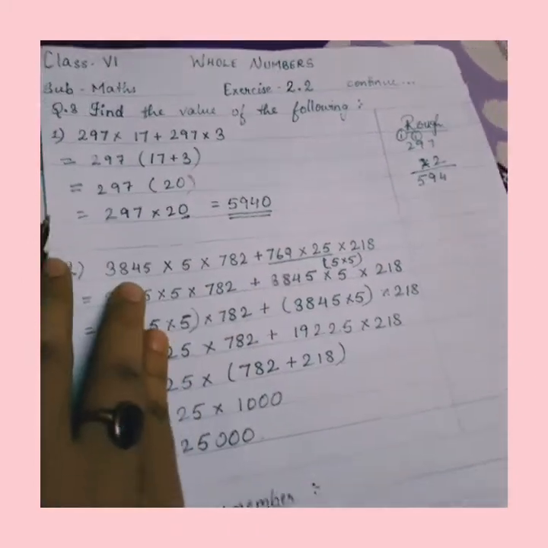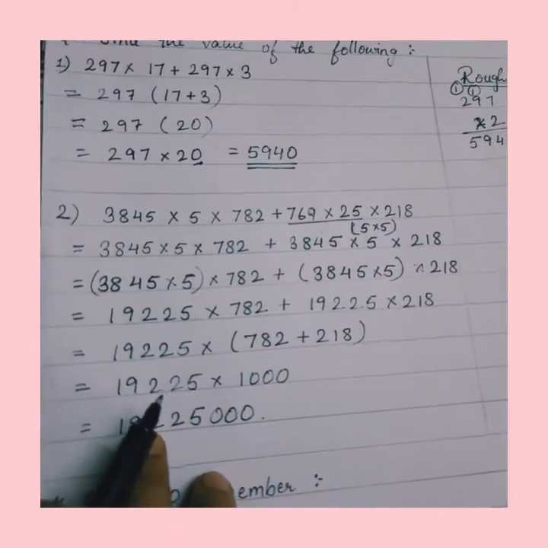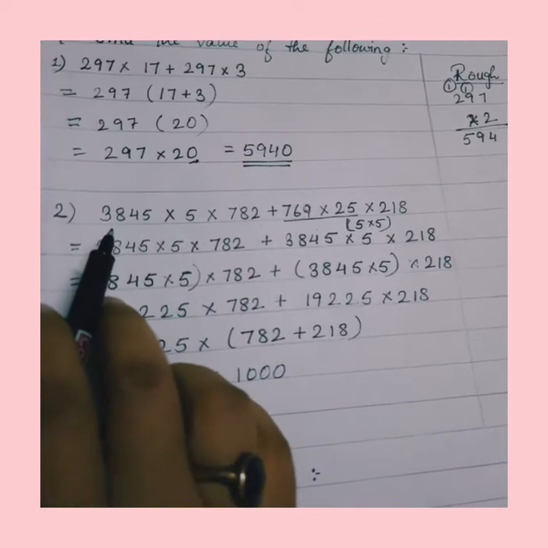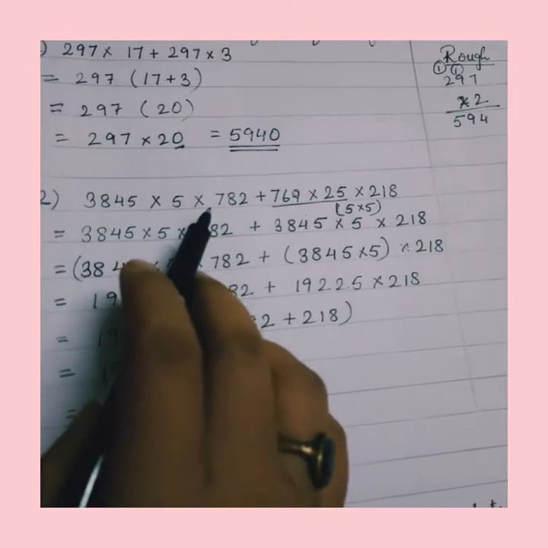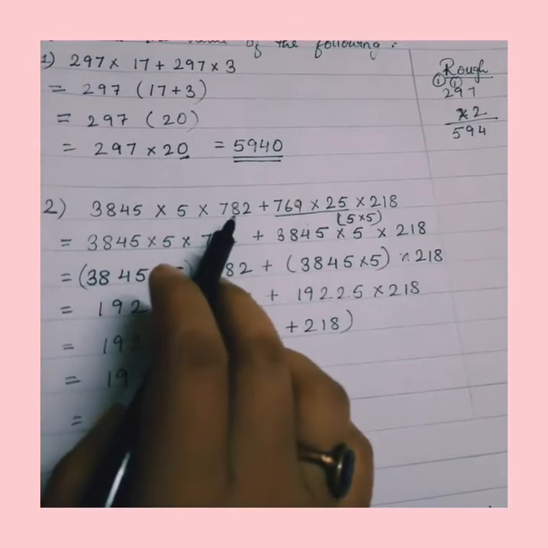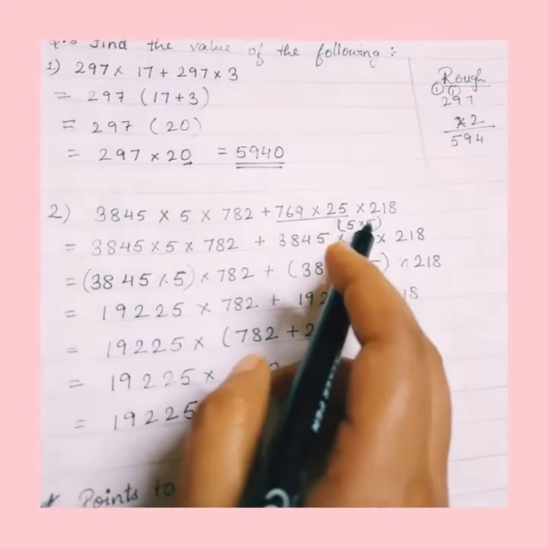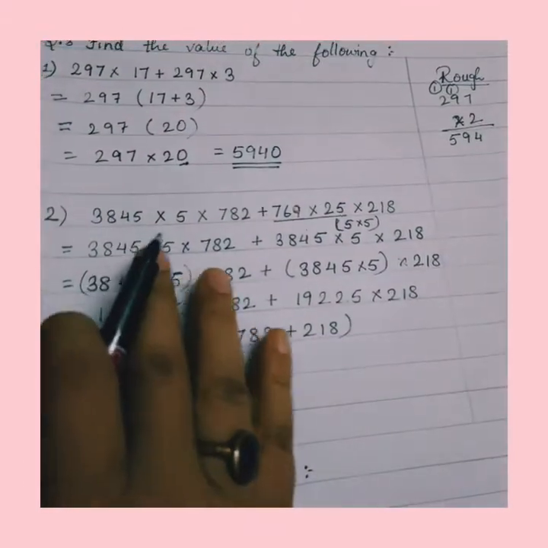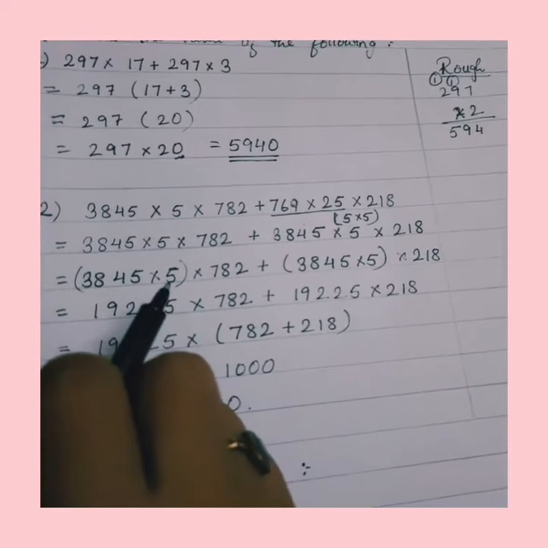Okay, one more sum, and this is a little bit complex one, so pay attention carefully. The second question is 3845 multiplied with 5 multiplied with 782 plus 769 into 25 into 218. The first thing we have to do is find out the common number from the given question.